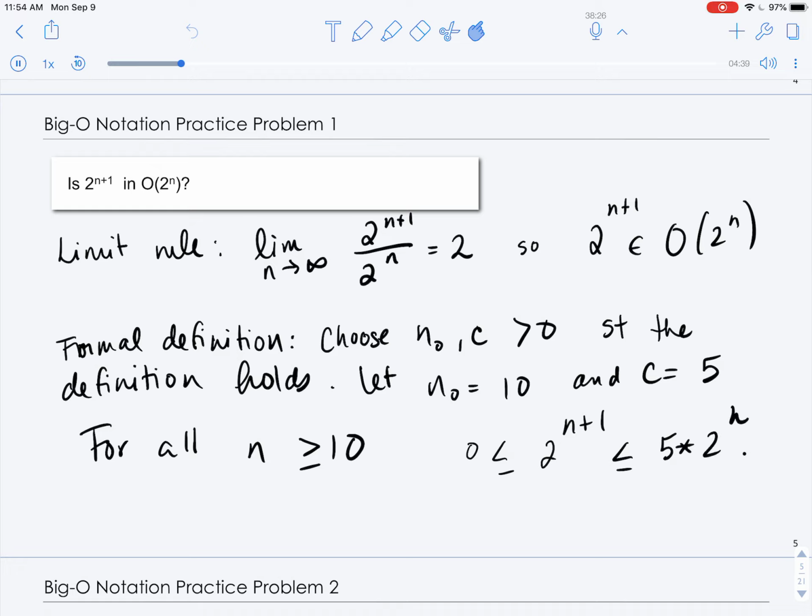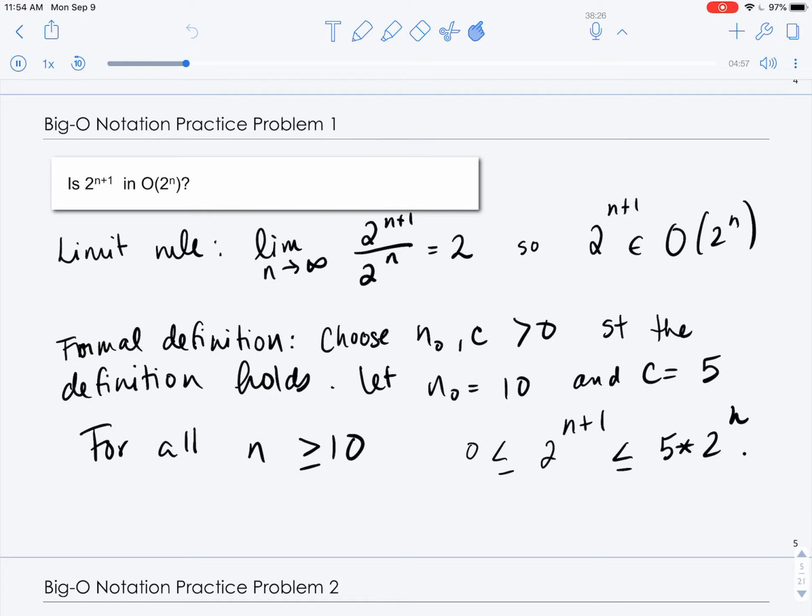So the definition holds. Now, it's important to observe that we have many choices for n naught and for c. With big O notation, we need only find one n naught and one c such that the definition holds.